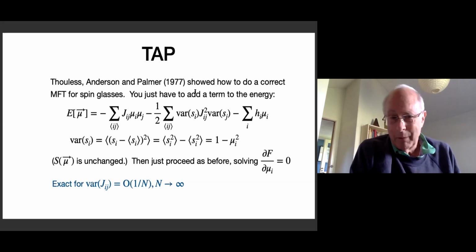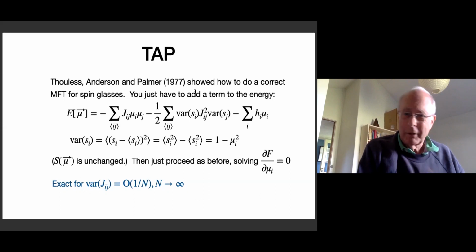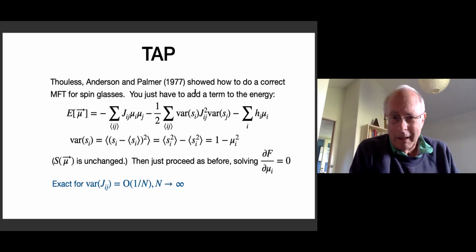But the answer is quite simple, right? It says you've got to change the energy term in the free energy, right? So the first and last terms here are just the ones you'd have in naive mean field theory. But when things are fluctuating, the next thing you get is something involving, where there was J before, the J_ij squared, right?